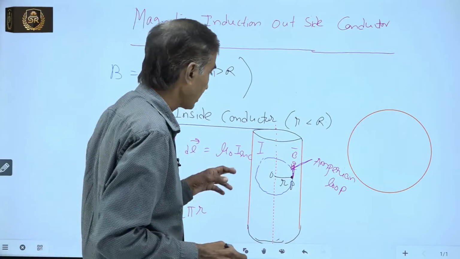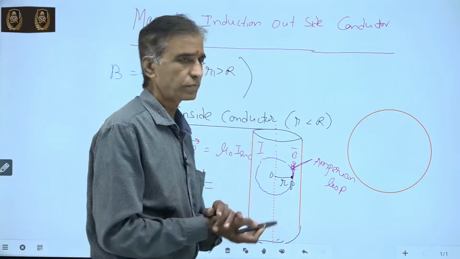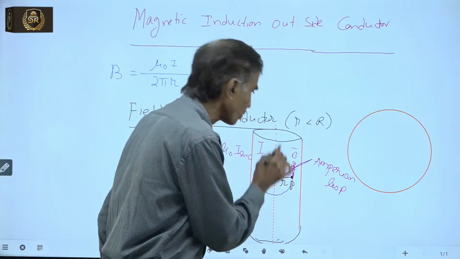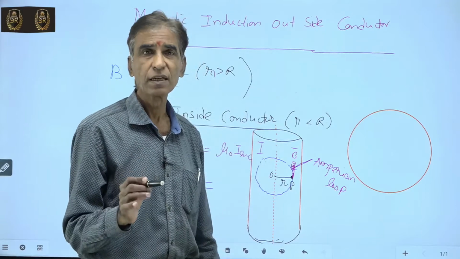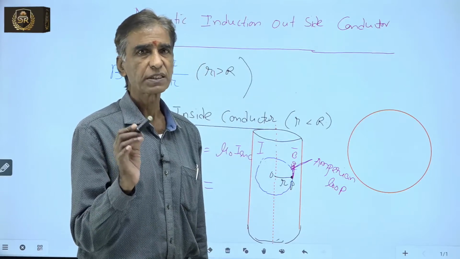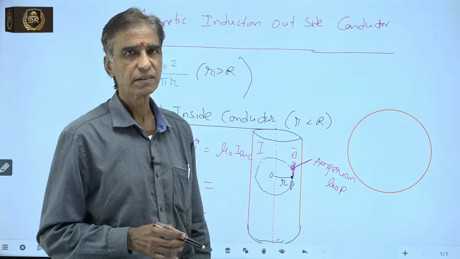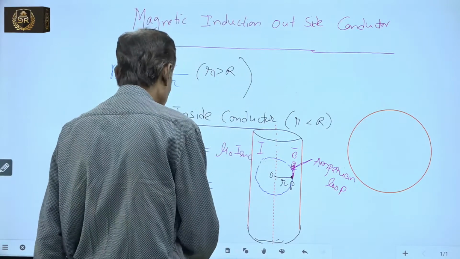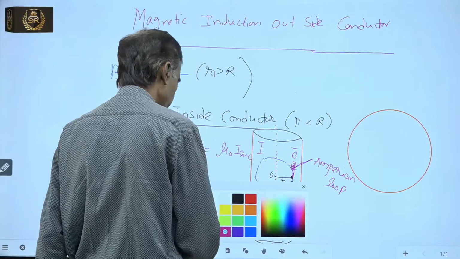Now what I want is I enclosed. What is the current enclosed by this Amperian loop? For that, we are going to use the concept of current density. First, we will calculate current density. What is the current density here? Current per unit area.